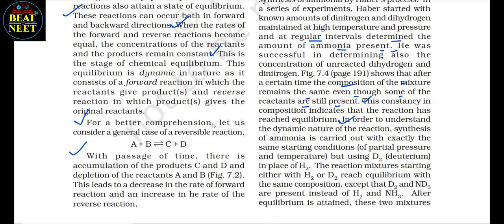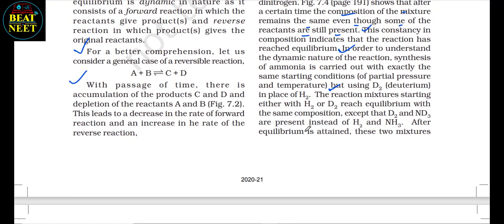In order to understand the dynamic nature of the reaction, synthesis of ammonia is carried out with exactly the same starting conditions of partial pressure and temperature, but using D2, that is deuterium, in place of H2. The reaction mixture starting either with H2 or D2 reaches equilibrium with the same composition, except that D2 and ND3 are present instead of H2 and NH3.